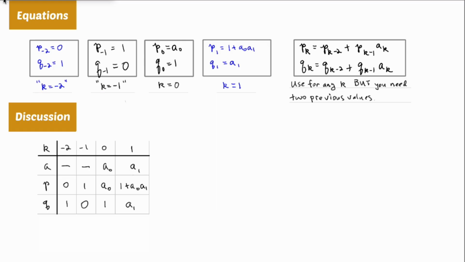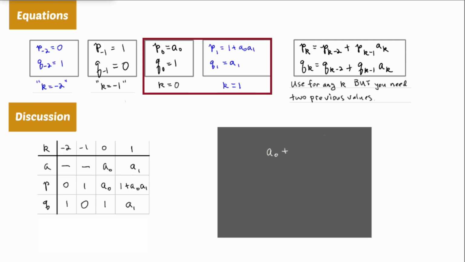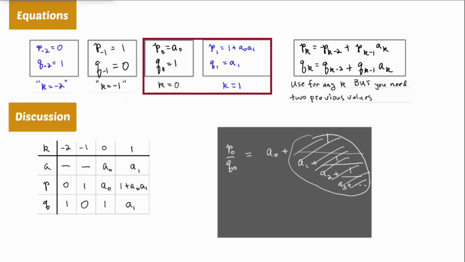One thing I'll point out is it's pretty easy to derive either of these two sets of equations if you forget them. We can write out a generic simple continued fraction like this. The convergent for k equals 0, p0 over q0, includes the a0 term, but we truncate everything else. So it's a0 over 1, the same thing we have in this set of equations.